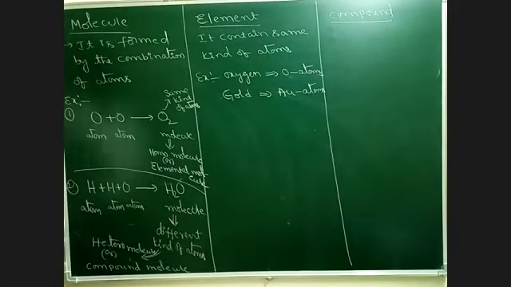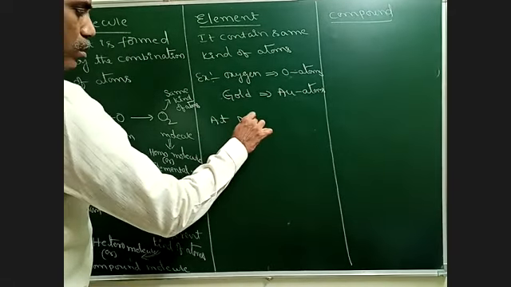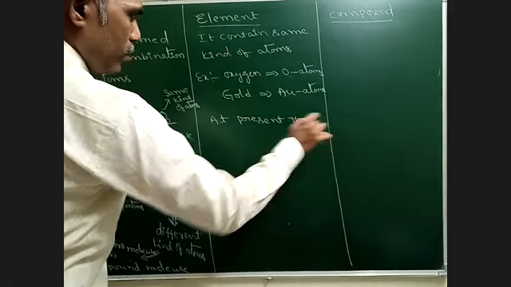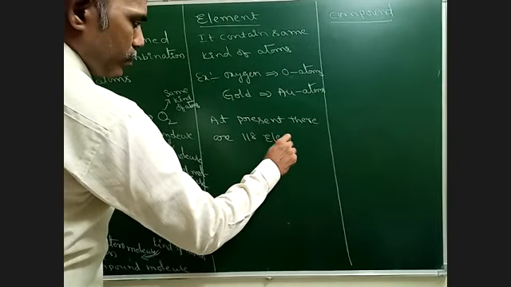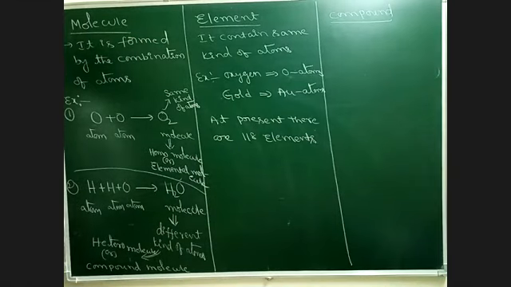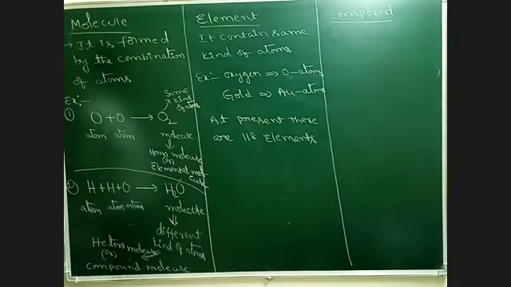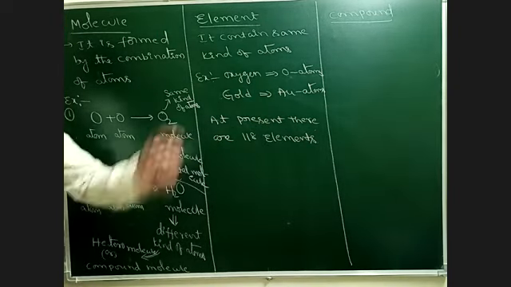At present, there are 118 elements. That means in future, the number may go up. At present, there are 118. In future, the number may increase. That's not constant.